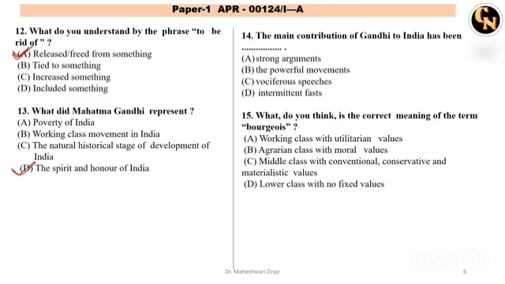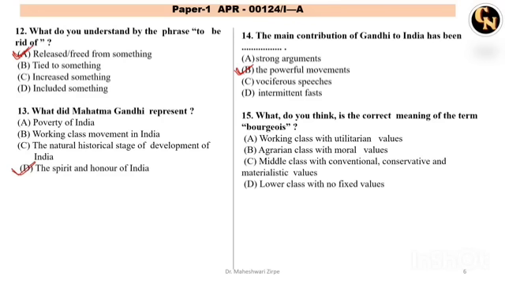Next one is, the main contribution of Gandhiji to India has been dash. If you read the options, option B is the correct option, that is the powerful movements. Whatever powerful movements Gandhiji has contributed to India, those are it.